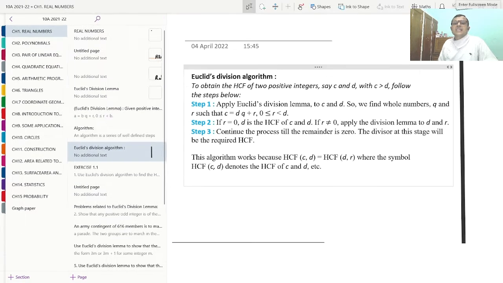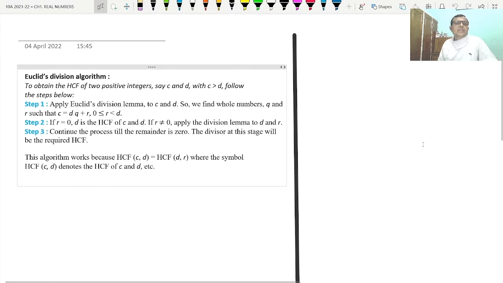Now let us understand this, then I'll explain. Euclid's division algorithm, to obtain HCF of two positive integers, say C and D, with C greater than D, follow the steps below.